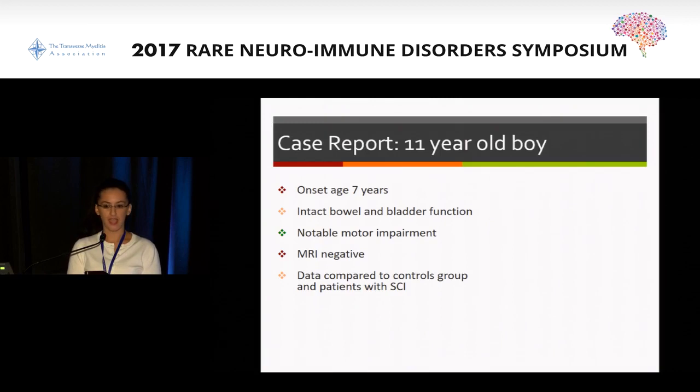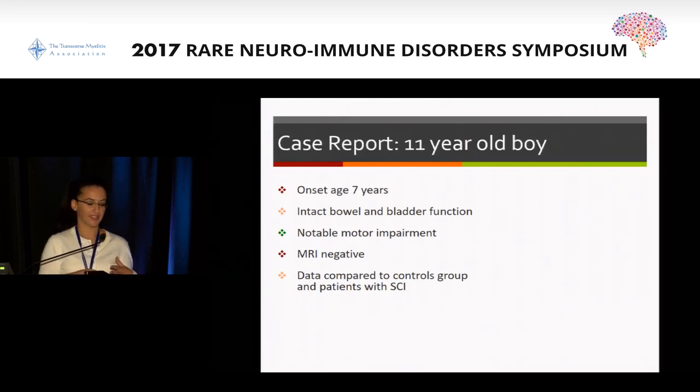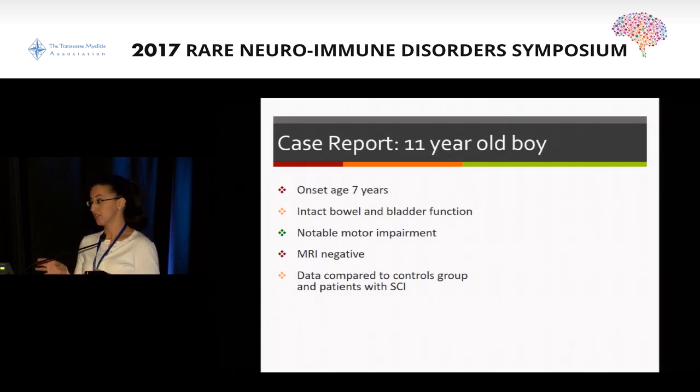He had notable motor impairment, he had difficulty walking, and when I scanned him and used this technique called diffusion tensor imaging, which I'll explain in a bit, and compared his data to our healthy controls, he was significantly different from all of them. Compared to the traumatic injuries, he was also significantly different, so he was somewhere in between.